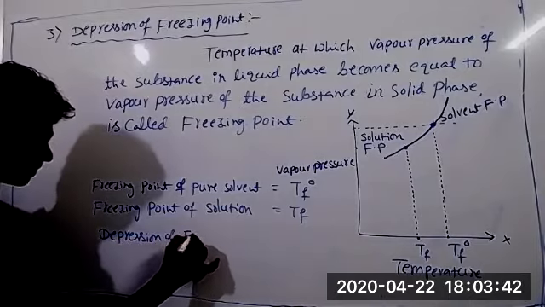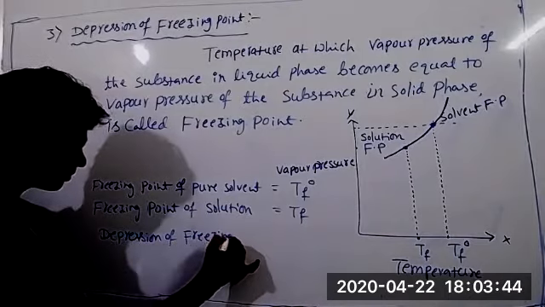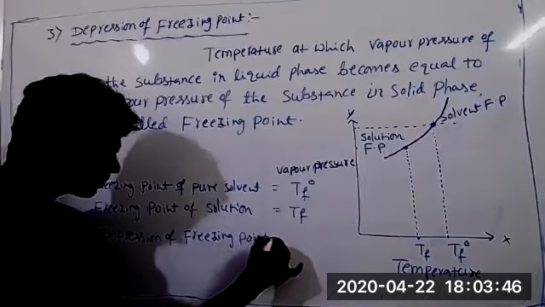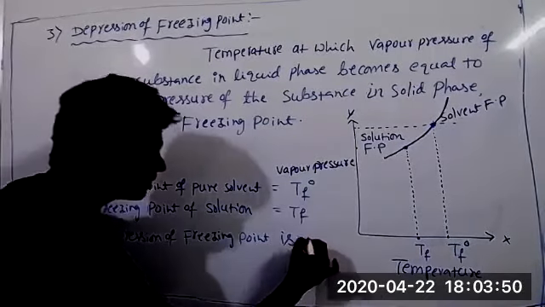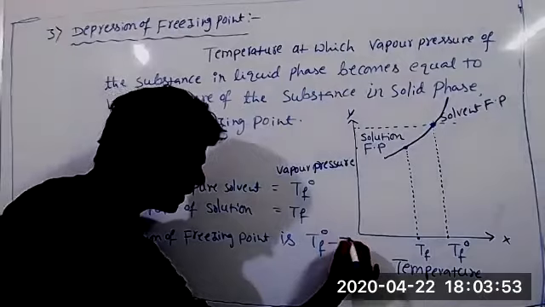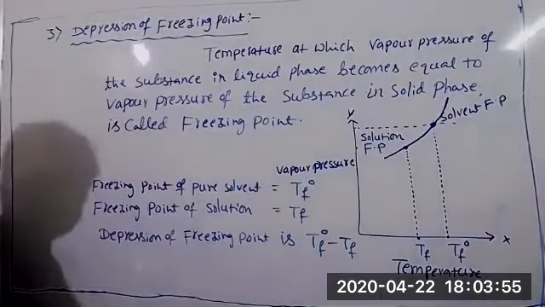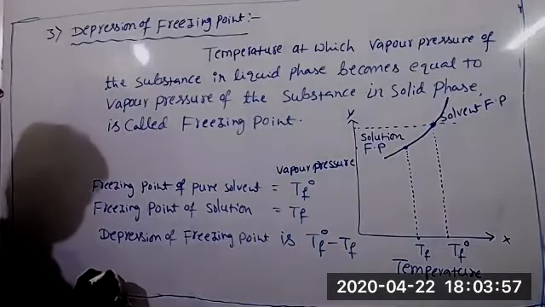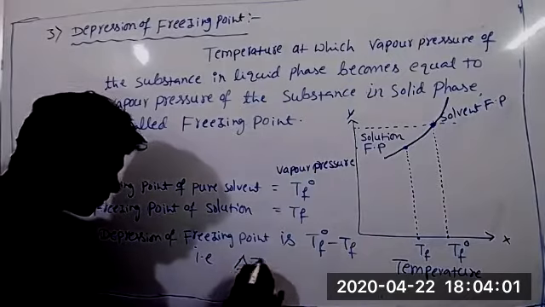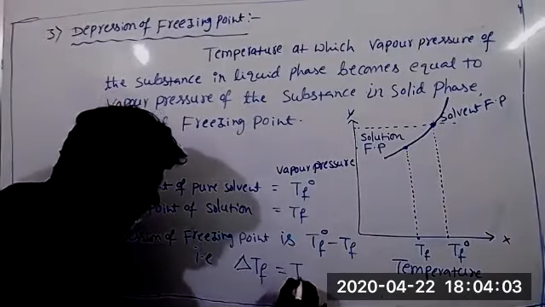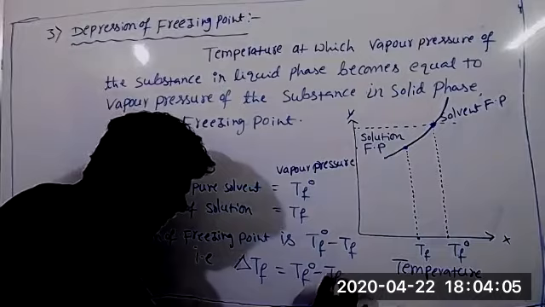Depression of freezing point is equal to TF0 minus TF. That is, delta TF is equal to TF0 minus TF.